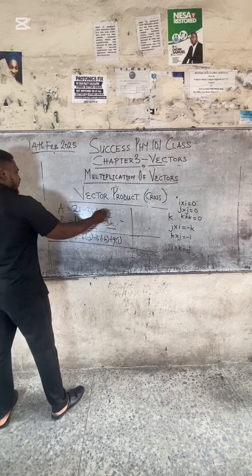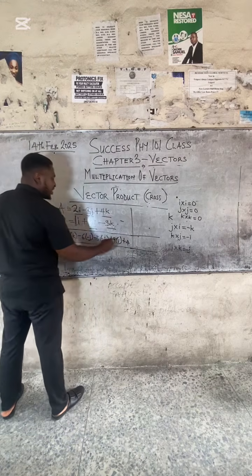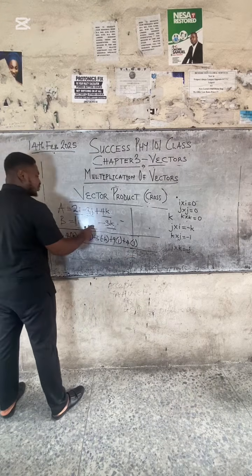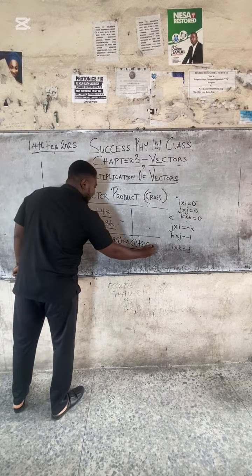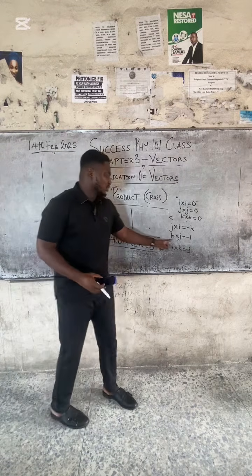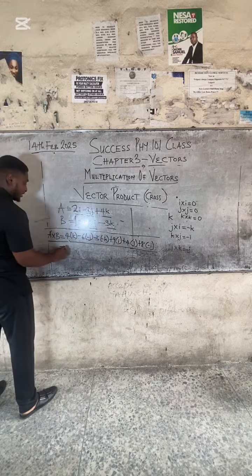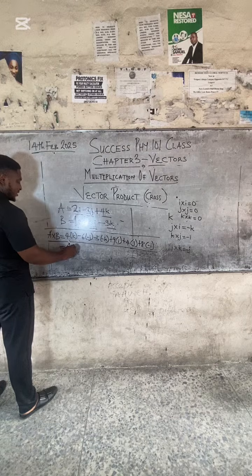Now, K: 4 times 1 is 4. K to I is J. 4 times 2 is 8. K to J is minus I. Class, the crossing is over now; it's to resolve. 4 times K is 4K.